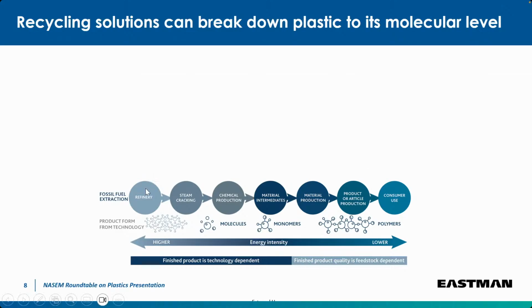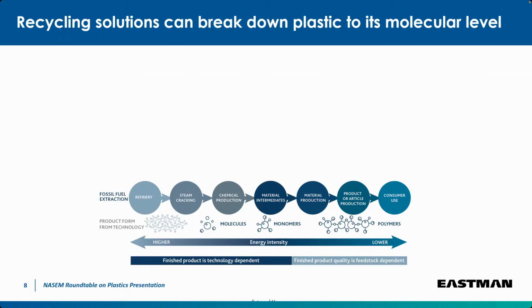As you start across the screen, generally the way that plastics are manufactured, since the production part is the area that I really wanted to make sure folks understood, generally plastic manufacturing starts with fossil fuel extraction from the earth. We go then through refining, then steam cracking, where we start to break those molecules apart. And from that, companies start to make chemicals. The chemicals then are combined with other chemicals to make intermediates.